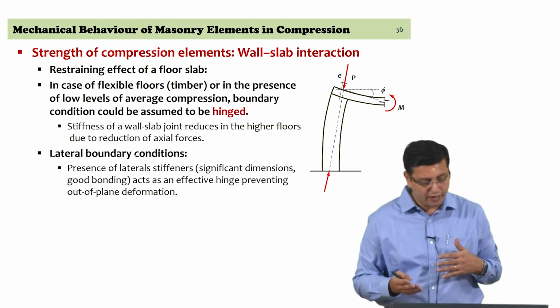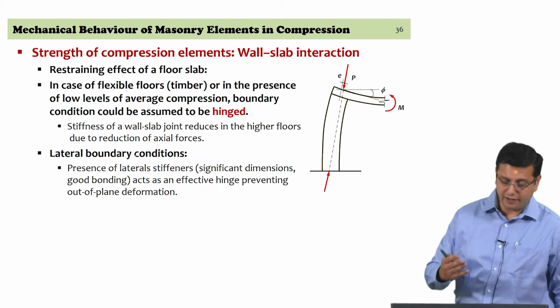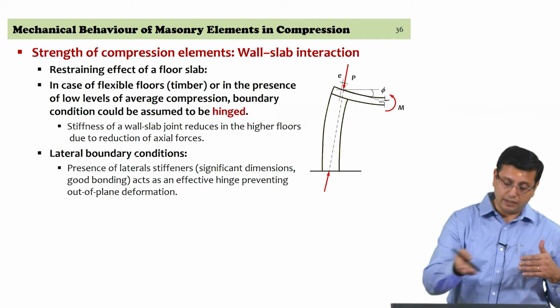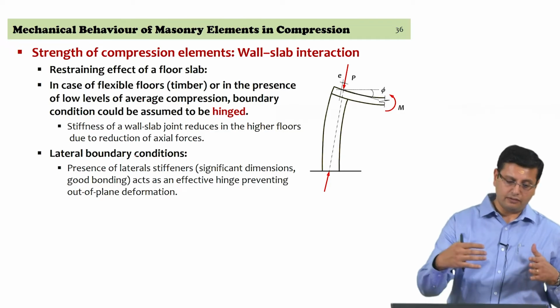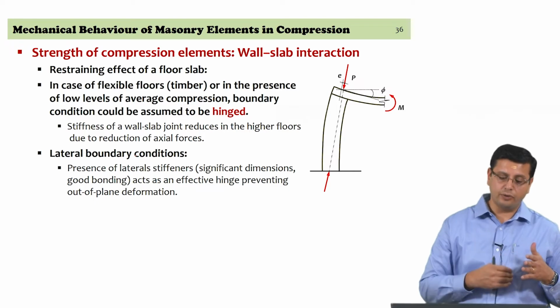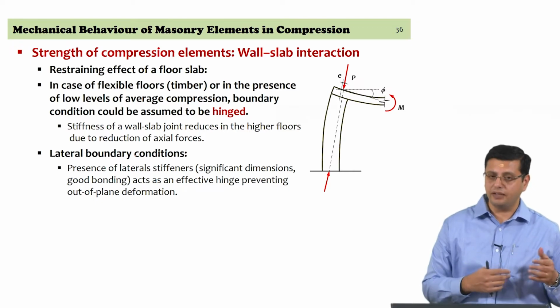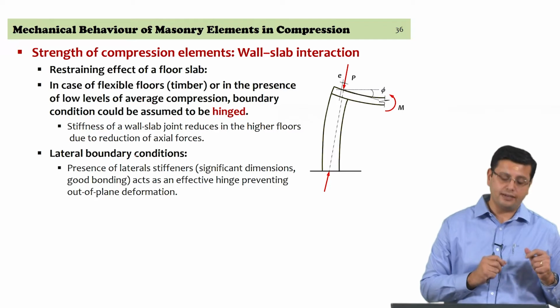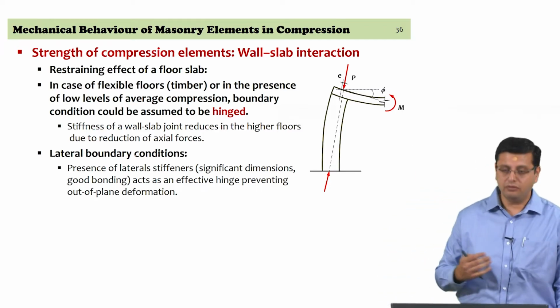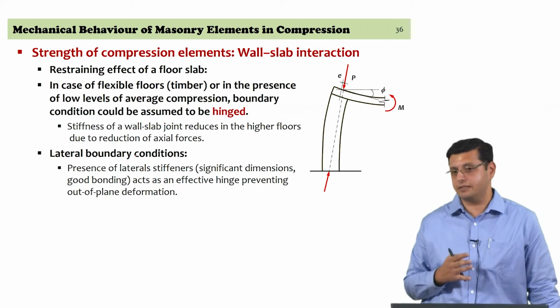If there is good bonding, then for the out of plane deformations, the wall with its return walls, the return walls are going to be acting as stiffeners, and you would be able to get a further contribution as far as lateral restraint is concerned.